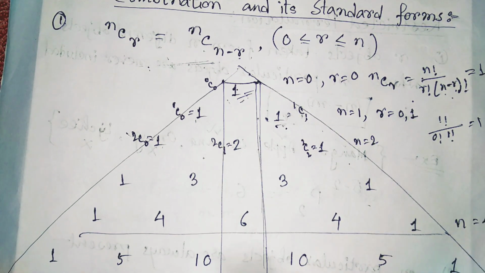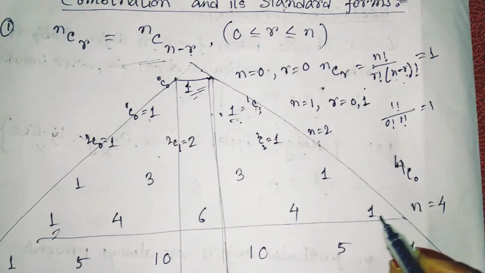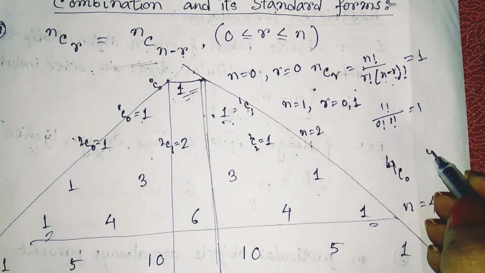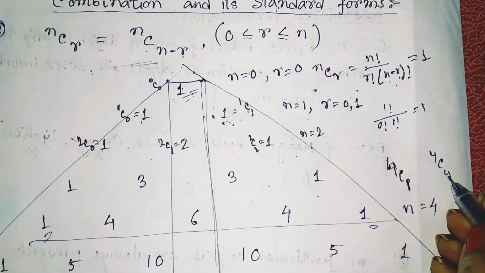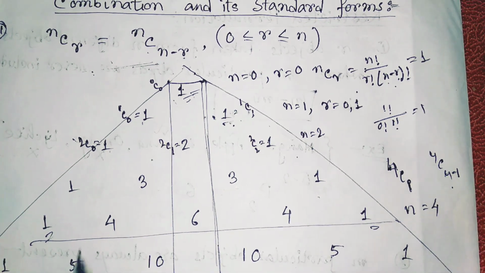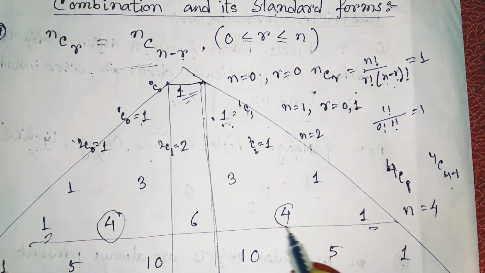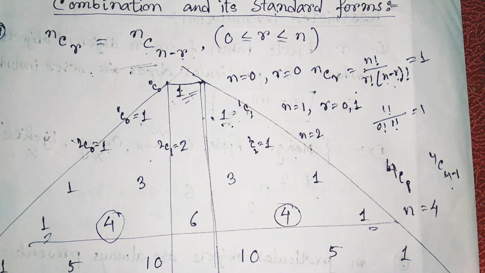The first element is 4C0 and the last element is 4C4, and these two are the same. Next, 4C1 and 4C(4 minus 1), that means 4C3. So 4C1 is this one and 4C3 is this one. These two are the same.